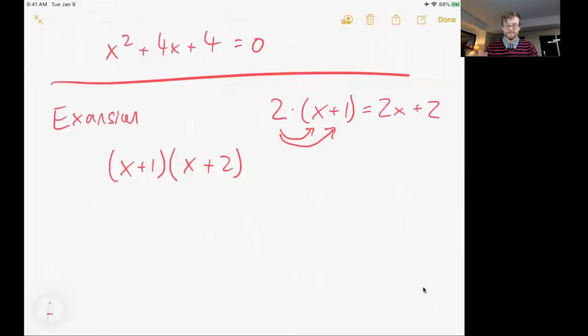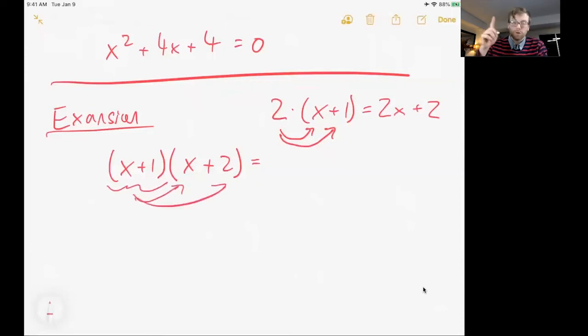Hopefully that makes sense. So for expansion, instead of writing it as these separate binomial factors, we multiply everything out together. We distribute this group through that group.